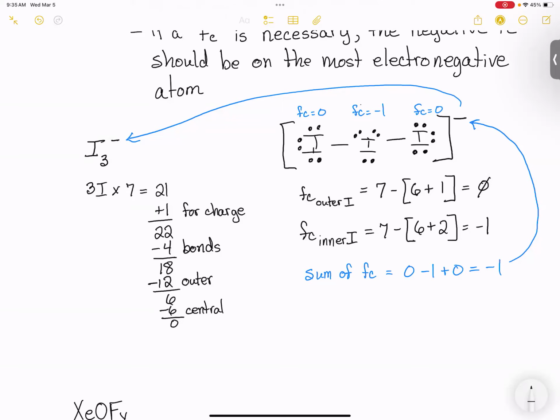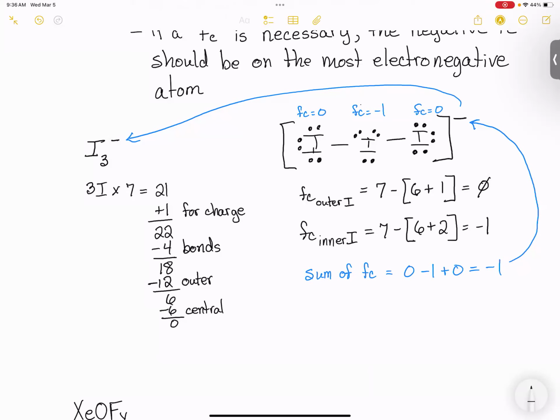We then did the formal charge for the inner iodine. It is, again, the number of valence electrons minus 1 for every dot minus 1 for every bond. Therefore, we had 7 valence electrons for the iodine. We subtracted out 6 due to the lone pairs on the central iodine, and we subtracted out 2 for the 2 bonds on the central iodine, giving it a -1 formal charge.